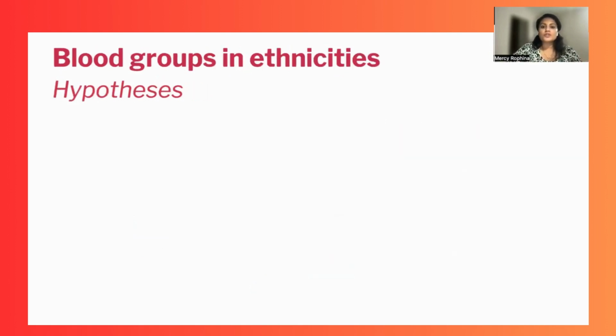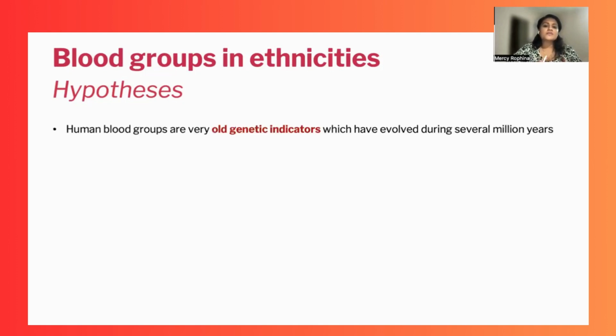Now, coming to the details of the topic for today's lecture, we are going to talk about the differences and similarities of human blood groups based on their ethnic races. There have been multiple hypotheses which talk about this concept and focus on the truths and myths about it. As we all know, human blood groups are very old genetic indicators which have evolved over millions of years.